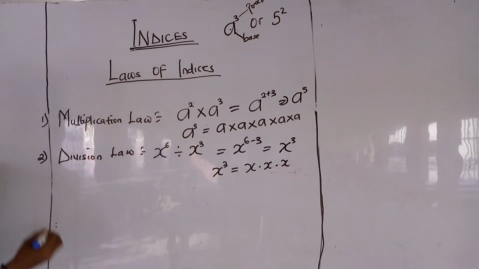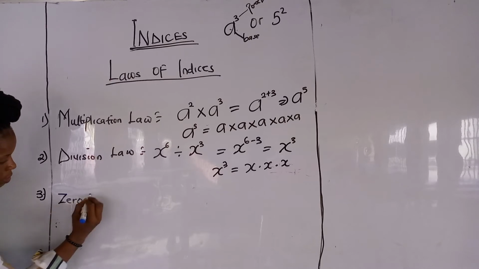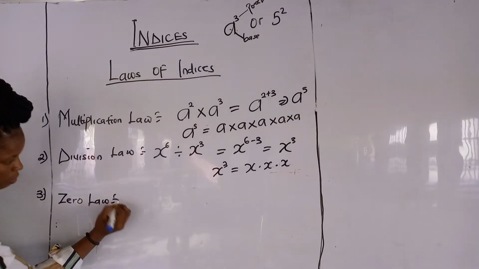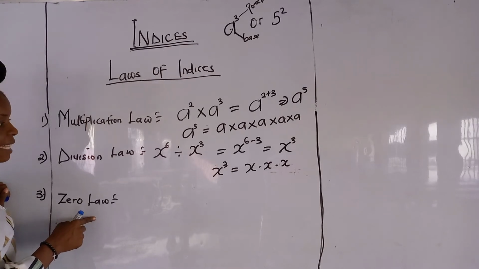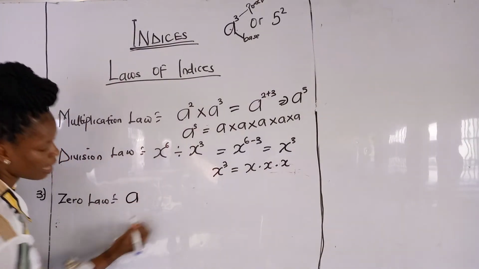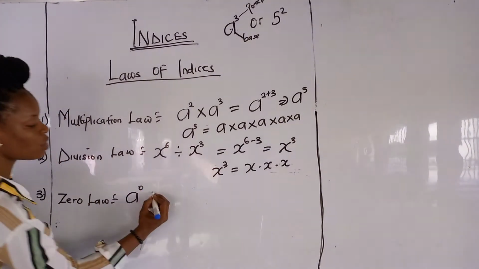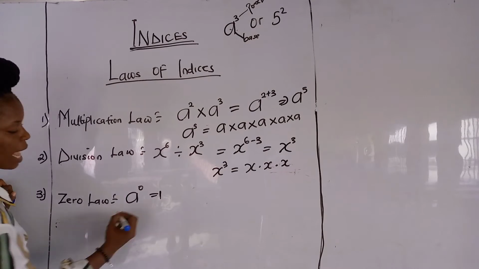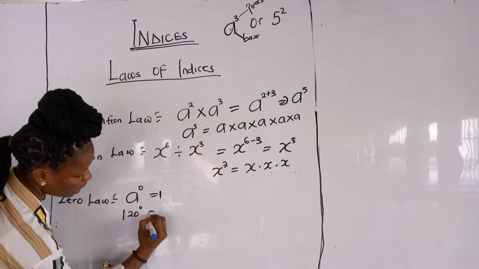But we also have other laws like the zero law. What does this law state? It states that if you have the base and the power is 0, anything raised to the power of 0 is 1. Any number raised to the power of 0 is 1.